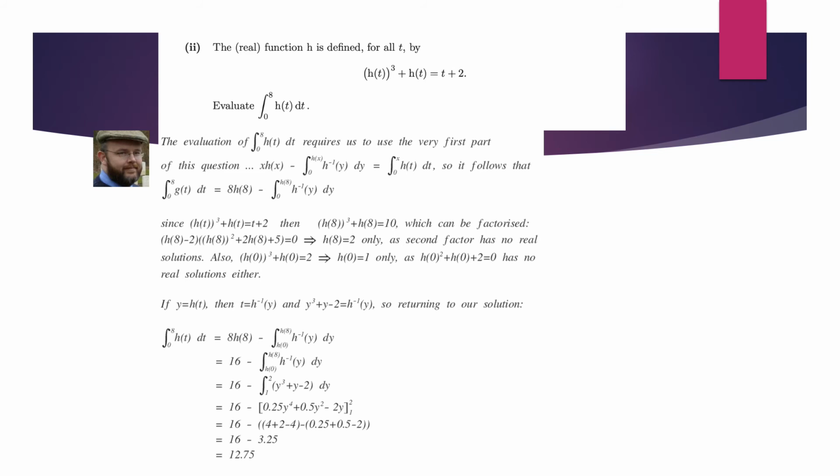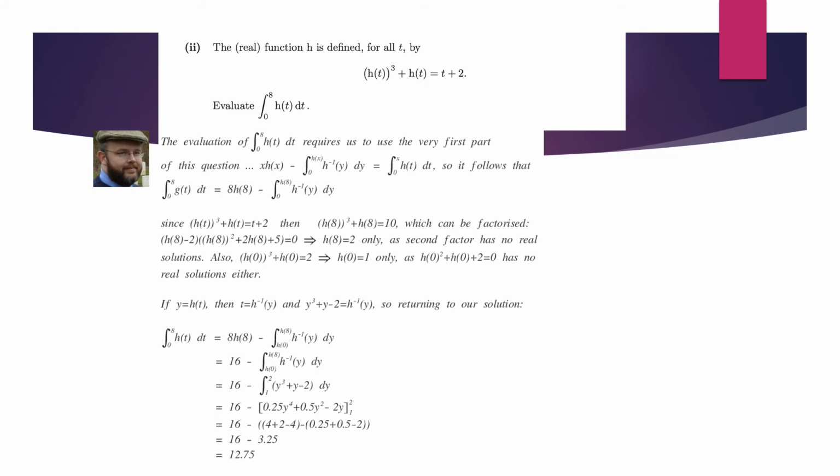Of course, that should be h of 0. So sorry about that. But otherwise, I think it's clear that we've got to work out the value of h of 8, h of 0, and we need to work out what the inverse function of h would look like.